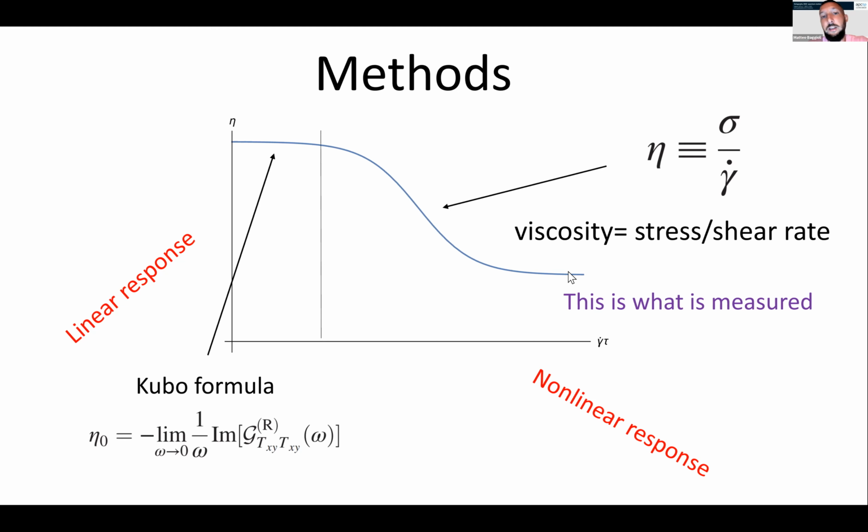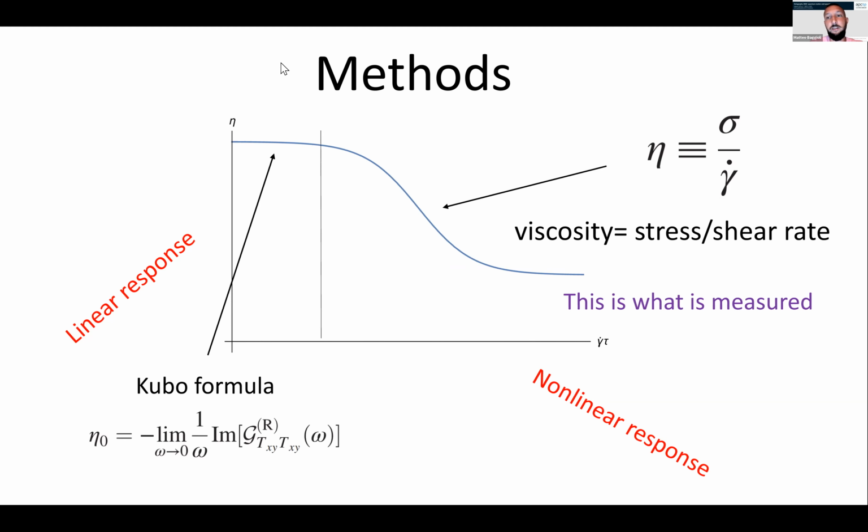So the question is what you really do when you are out of equilibrium, or when the shear rate is high. And here there are various attitudes. One attitude that was used in the past was to forget about this problem and keep using the Kubo formula, which I'm not sure is correct. The attitude that we choose is to take the definition that people measuring this quantity actually use.